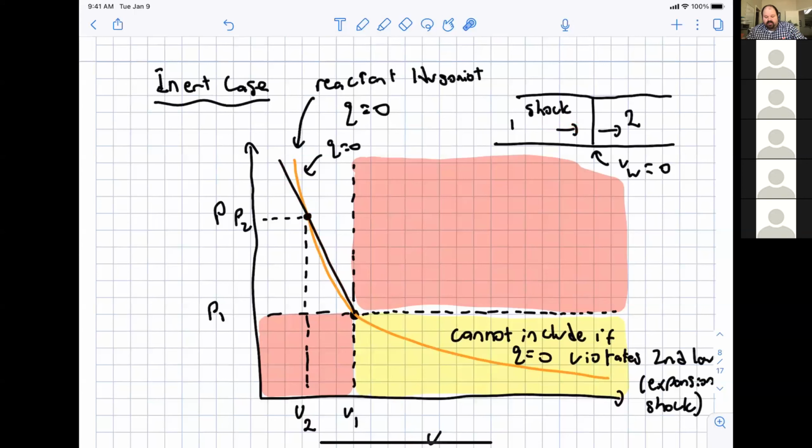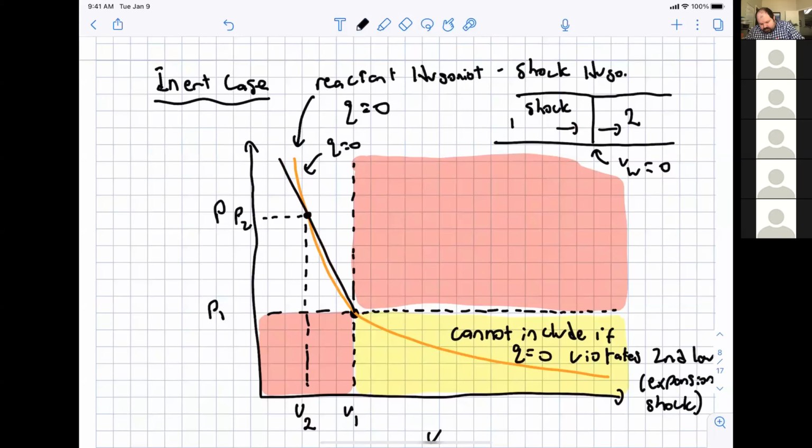This intersection point produces an inert shock wave, the same shock wave that you dealt with in gas dynamics and compressible flow. Looking at things in terms of a shock Hugoniot, which is what this would be called, is essentially how this would be looked at by a physicist.